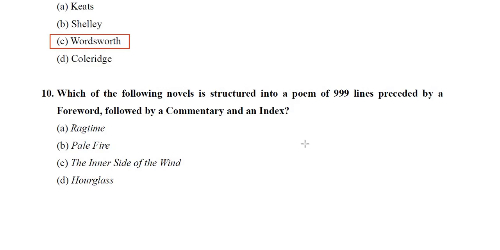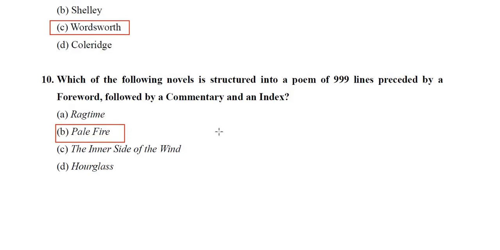So this is a novel actually, but it is structured as if it is a long poem. There is a foreword, there is commentary, there is index, and what will be the answer? Ragtime, Pale Fire, The Inner Side of the Wind, Hourglass. Its answer will be Pale Fire. It is written by Vladimir Nabokov.